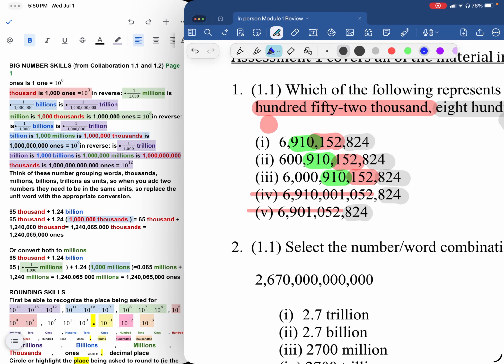So in the billions, we have a 6. Here, this is 600, and that's 0. So this is not 6, and this is not 6. So that's where it fails. And if we had trillions, this is 6 trillion. So our answer would be that one right there.